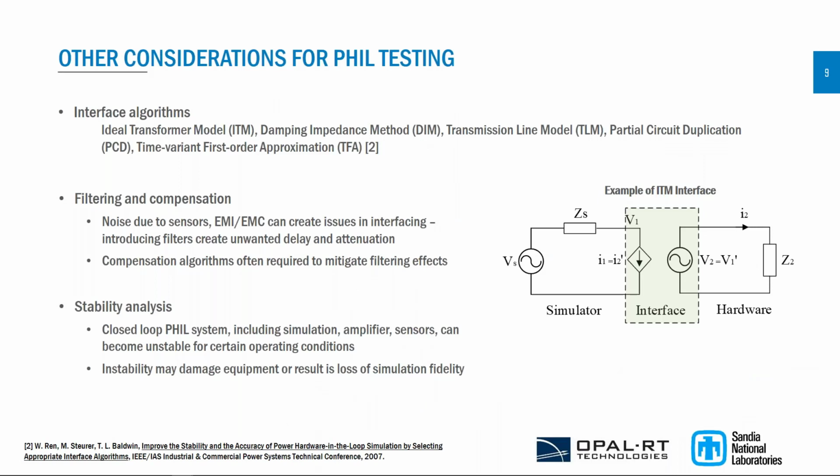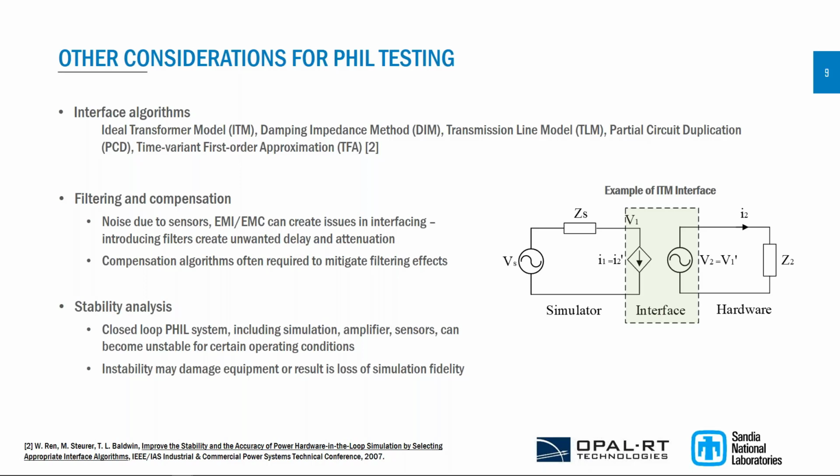Other considerations for PHIL testing include the interface algorithm. There are different types of interface algorithms that you can utilize when you are interfacing between your simulator and the hardware. This particular paper mentioned here gives very good details about each of those algorithms and their pros and cons. I give an example of the most common one, which is the ideal transformer model here.